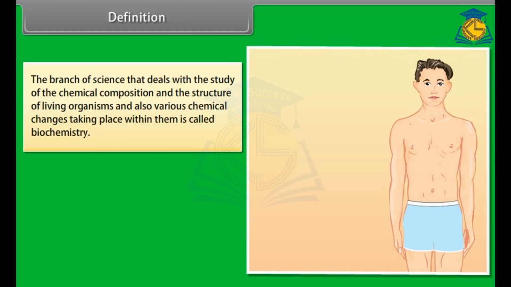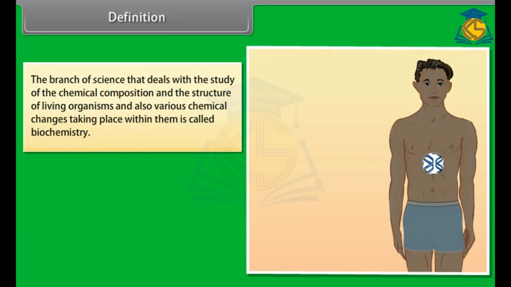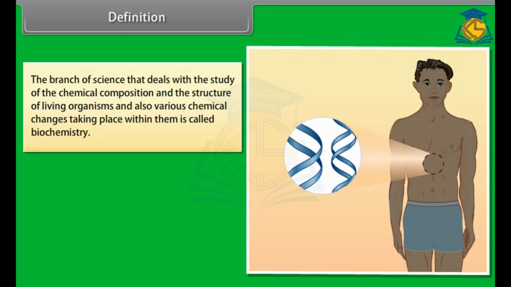Definition. The branch of science that deals with the study of the chemical composition and the structure of living organisms and also various chemical changes taking place within them is called biochemistry.